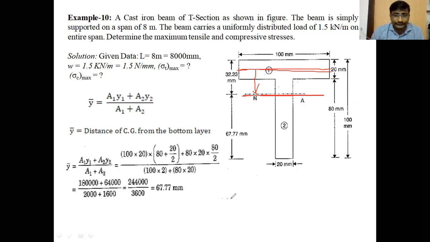The parallel axis theorem is that the moment of inertia about its own CG plus the area of that particular portion, that is A1, IG1 being the center of gravity of the first area, into the distance between two axes squared. The distance between two axes means the distance of the CG from the neutral axis, squared.